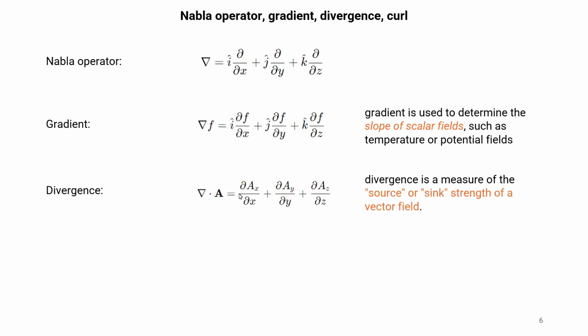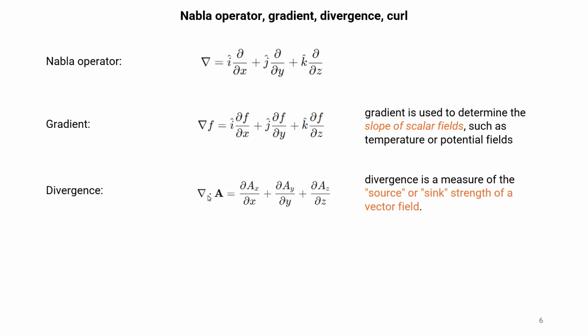So it's just the sum of partial derivatives of the corresponding components, dAx over dx, dAy over dy, plus dAz over dz. So the result is a scalar field. The divergence is a way we generate a scalar field from a vector field.